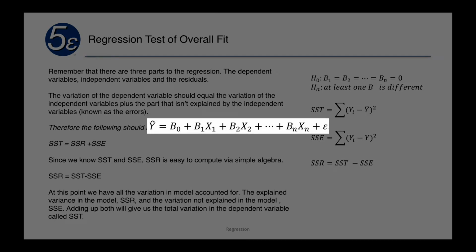So if you remember our regression equation, y hat equals beta 0 plus beta 1 x1 plus beta 2 x2 plus a number of beta n's plus our error term. The variance in the y side is going to be equal to the variance accounted for by the regression pieces plus the variance in the errors, because that's what we're saying the whole equation is equal to.